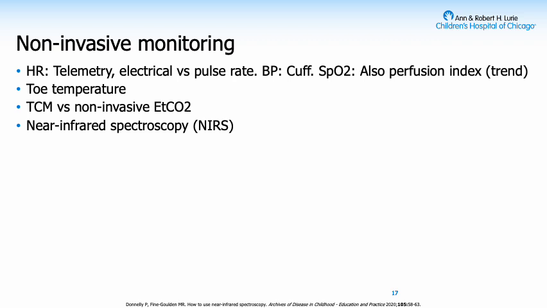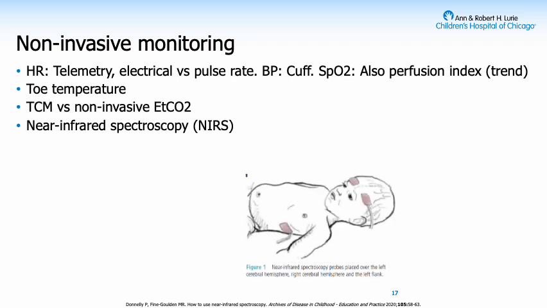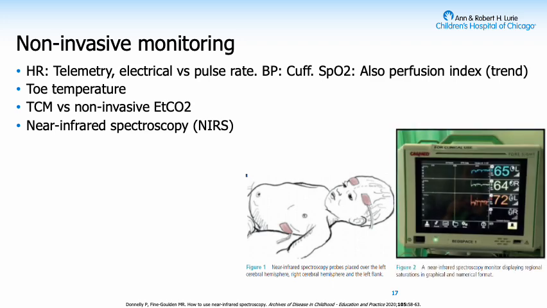And we in the cardiac ICU love near-infrared spectroscopy, or NIRS, which measures regional saturations, particularly with the goal of getting venous saturations. Typically, we measure them in the cerebral hemispheres, sometimes bilaterally, as is shown in this picture, as well as in the splanchnic circulation, usually overlying the kidney.